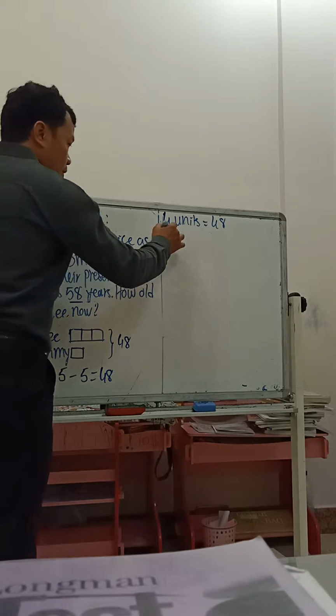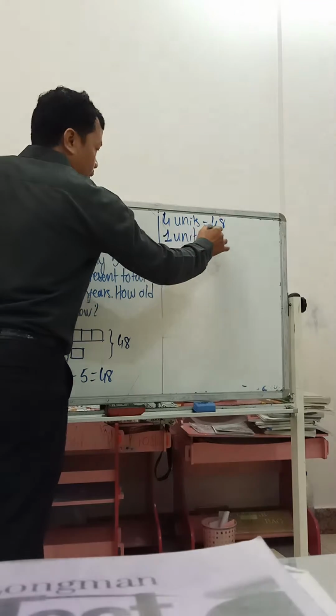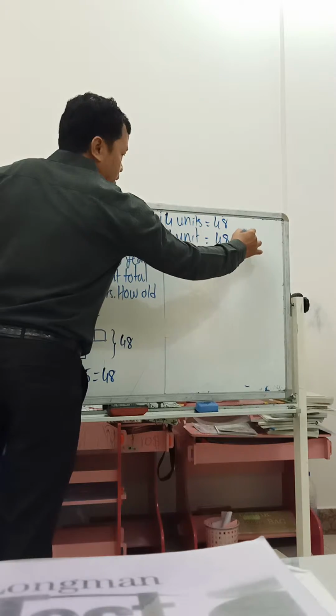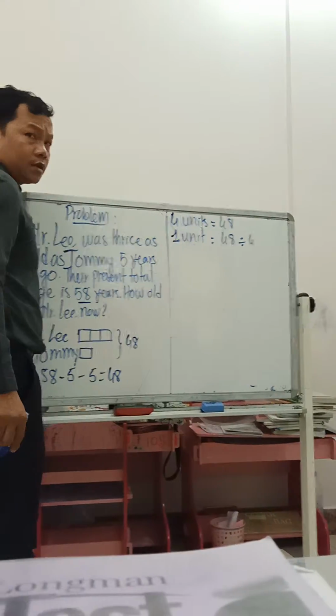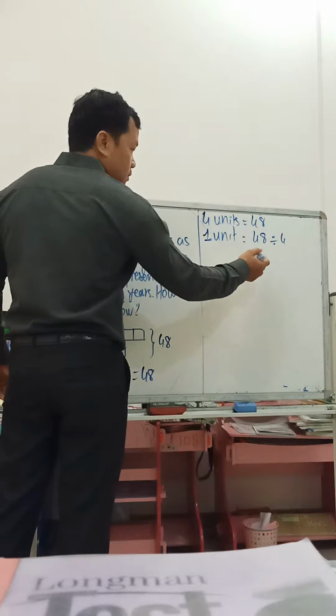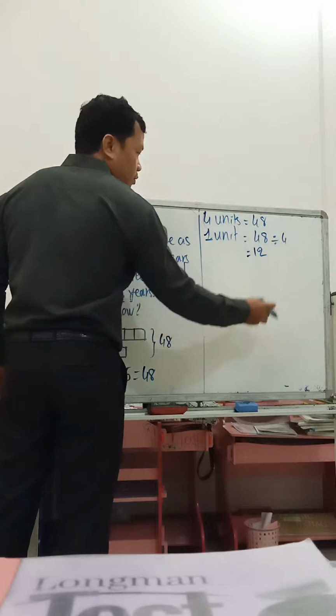So 1 unit is for what? To find 1 unit, how do you do? Divide. 48 divided by 4 units equals 12.